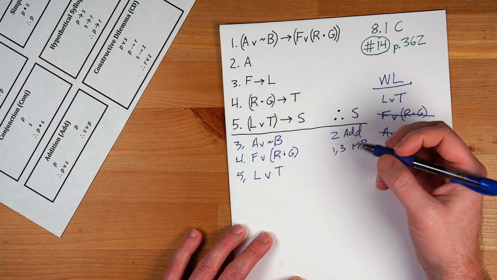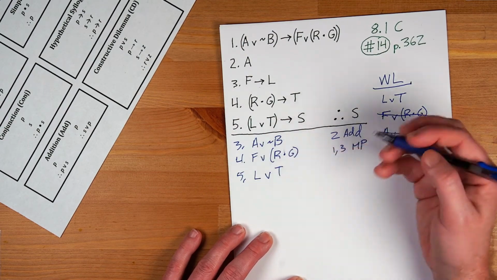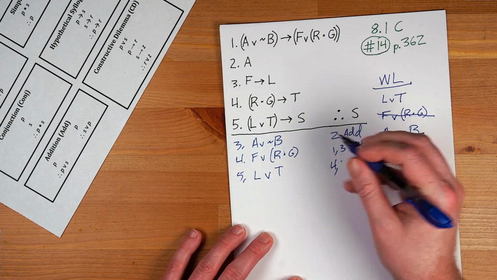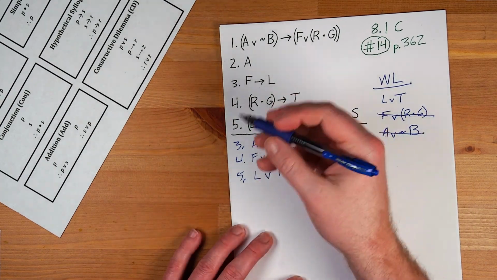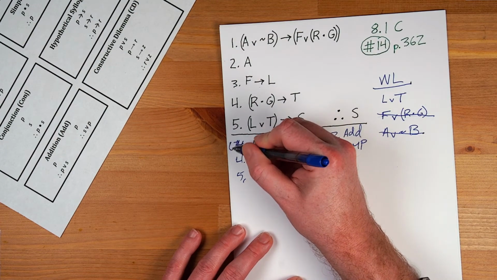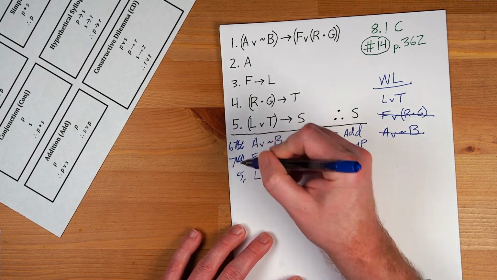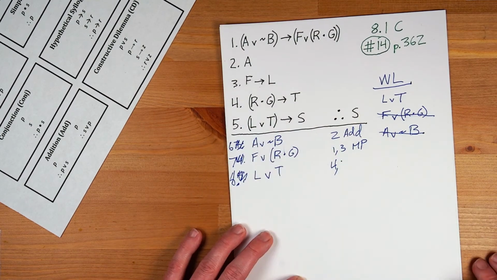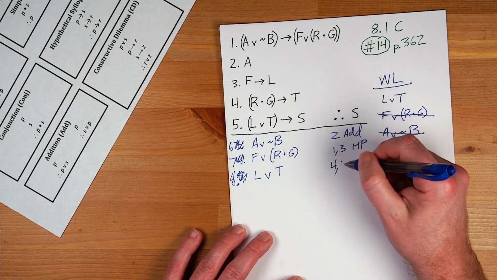And that is from what? Oops, I numbered this totally wrong. Don't do that. So this is line 6, line 7, and line 8. That's fine. You can just correct it.